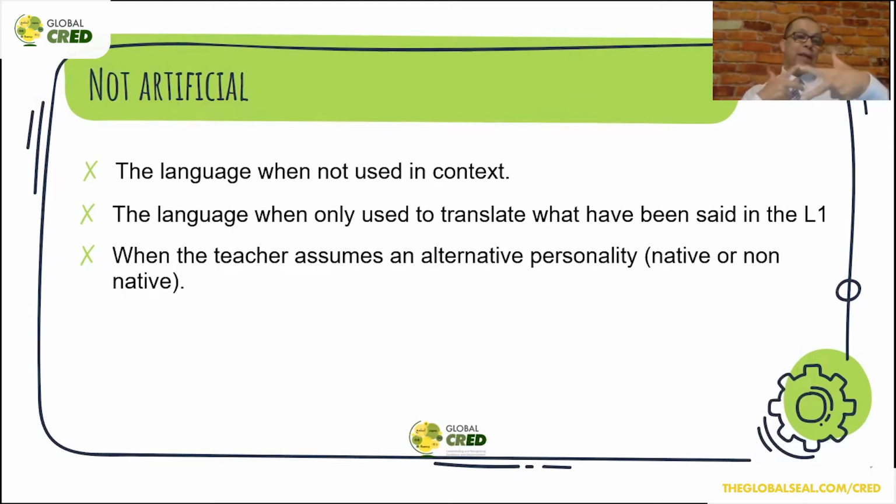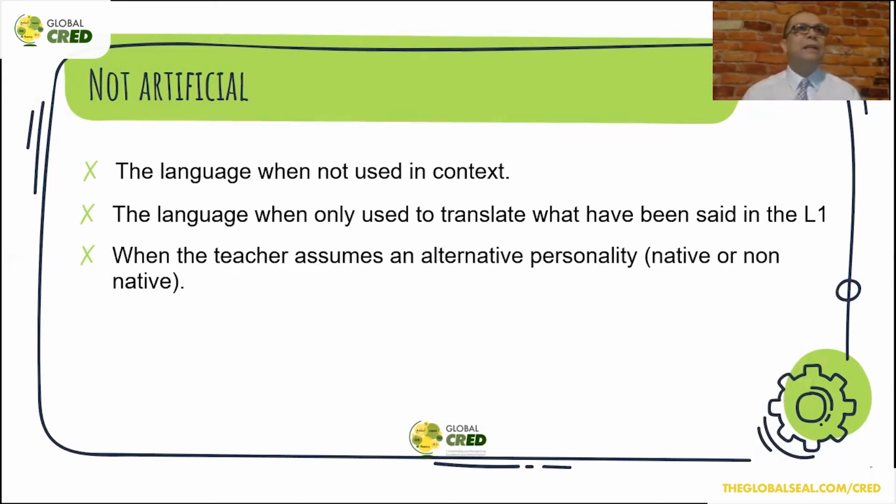How are you gonna create real connections with your students in the classroom if the first thing, your appearance, is absolutely artificial? Unless that's the way you dress up and that's the way you behave outside of the classroom. If that's the case, then that's you. That's your reality, right?